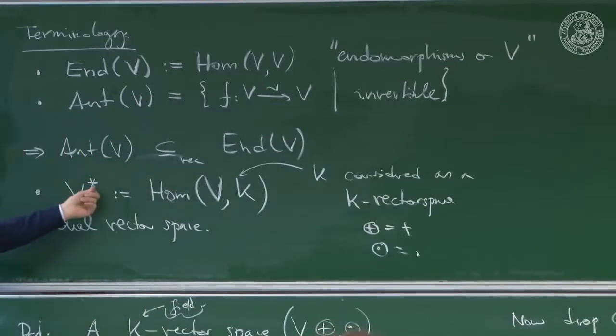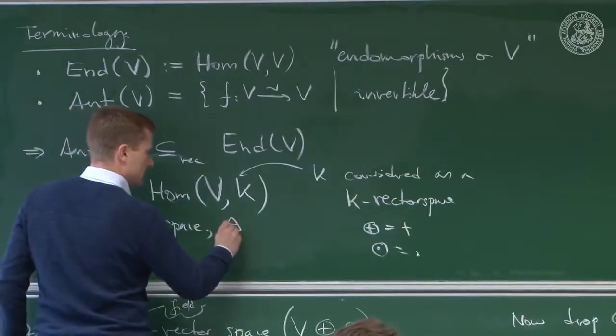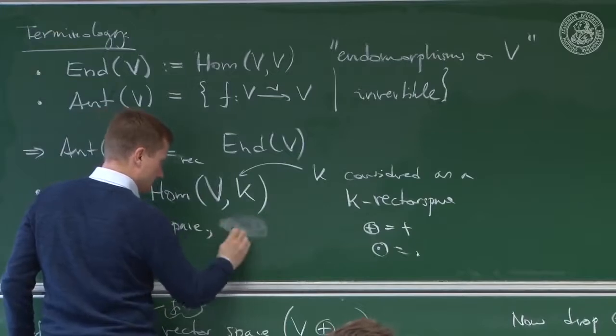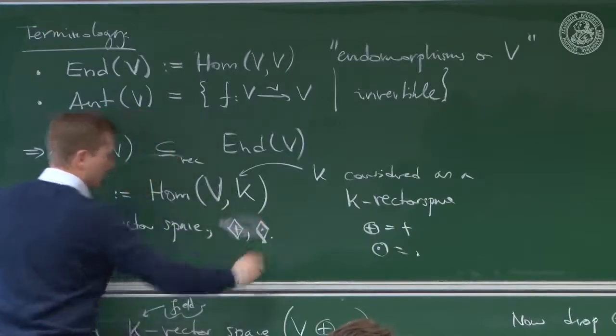Hence, V star is not only the set, but it's the set equipped with diamond plus and diamond S multiplication.